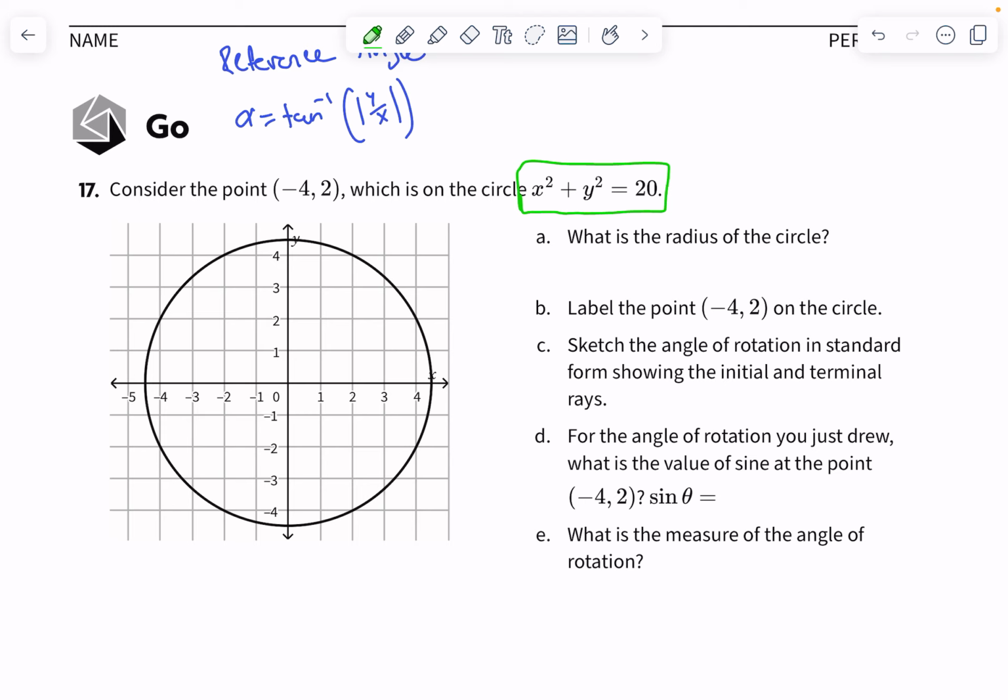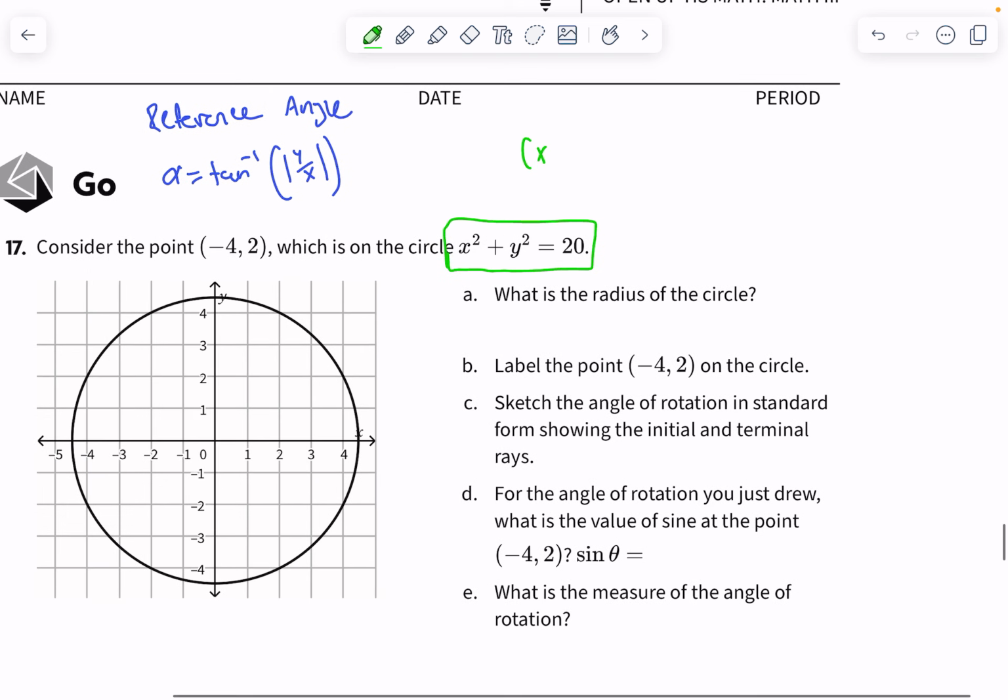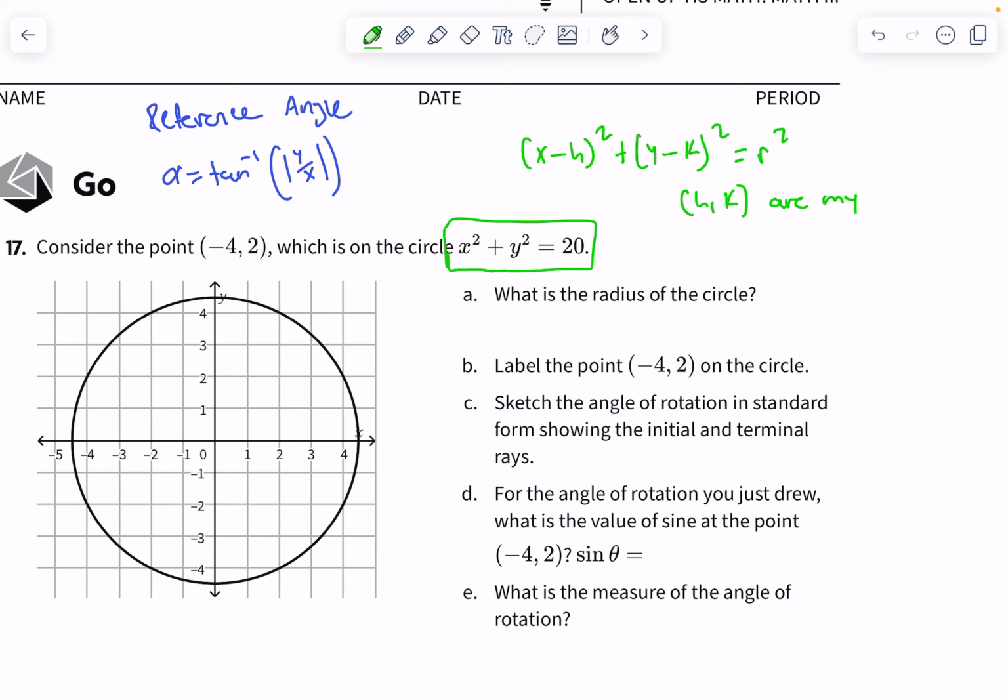I want us to quickly realize that the standard form of a circle can be expressed as x minus h squared plus y minus k squared is equal to r squared, where h and k are my center.